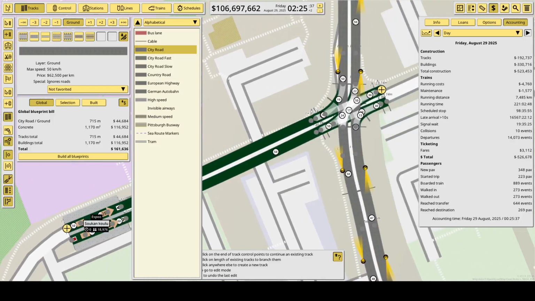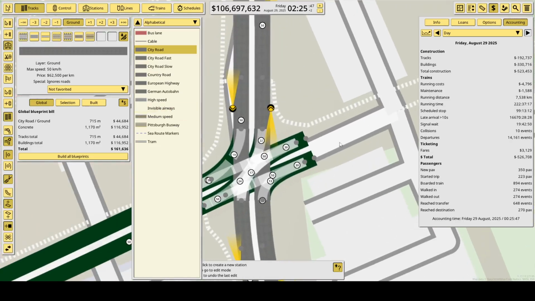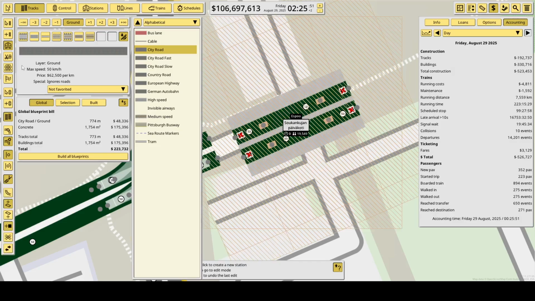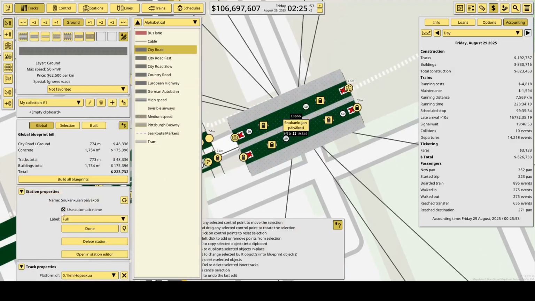And then the other stop is Soukankujan rinne, Sökergränsbrinken. What a nice friendly name for a stop. So Soukankujan rinne, Sökergränsbrinken.